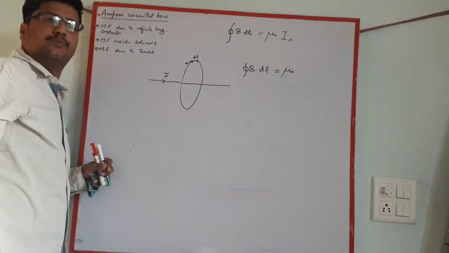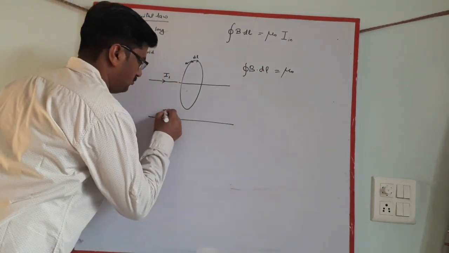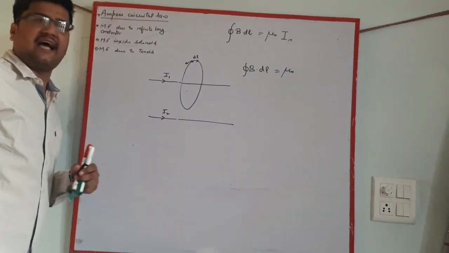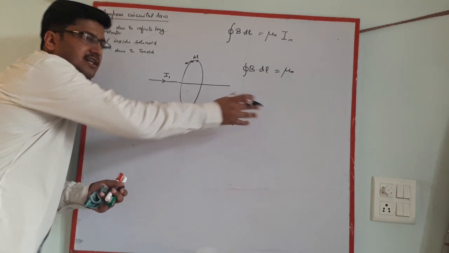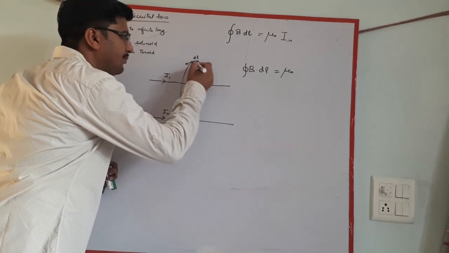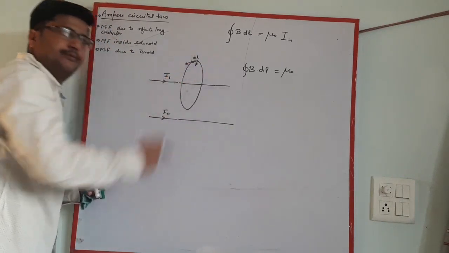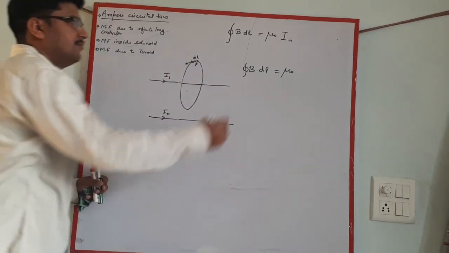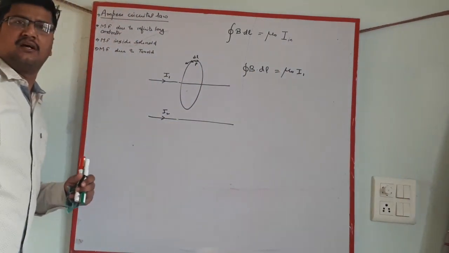flowing through the loop. If I have I1 and I2, two currents flowing through these two conductors, and I have to find out the magnetic field at point P due to both these conductors, and I have considered this loop, then the line integral of B dot dl will be equal to mu naught I1 only.